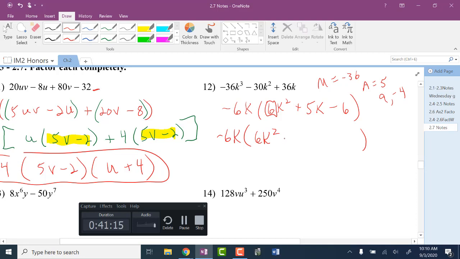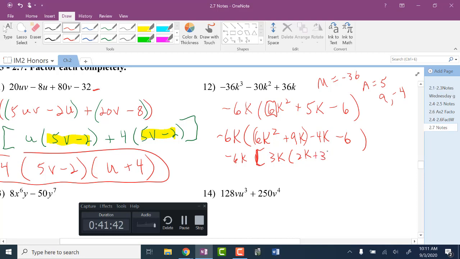k squared plus 9k minus 4k minus 6. Negative 6k, don't forget that. You group, so I guess I'll put this in parentheses here, or brackets. So I group these two, and I pull out a 3k. And I'm left with a 2k plus 3.